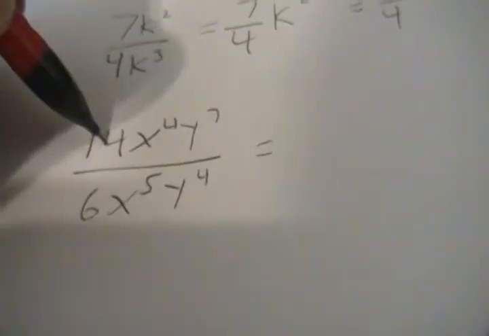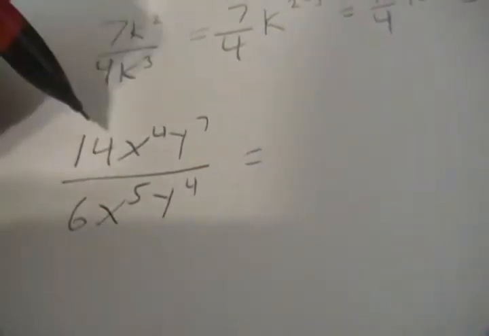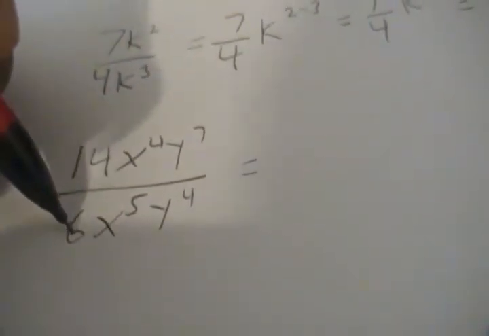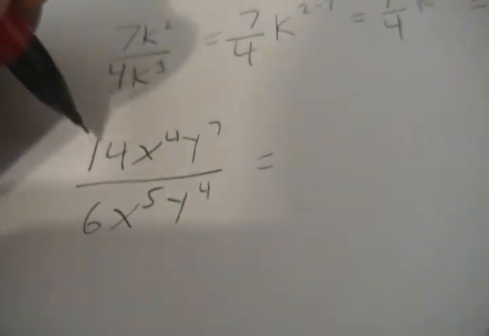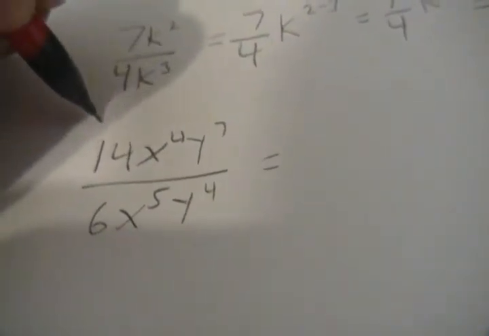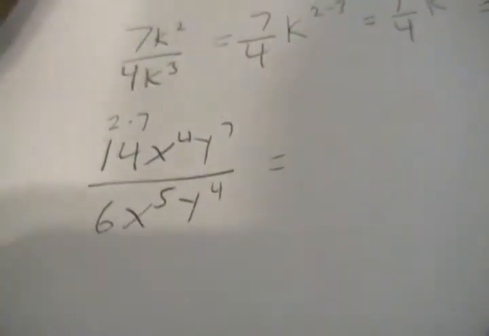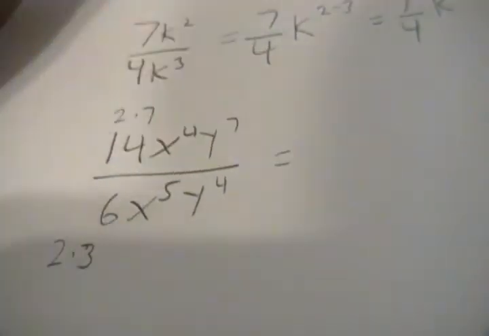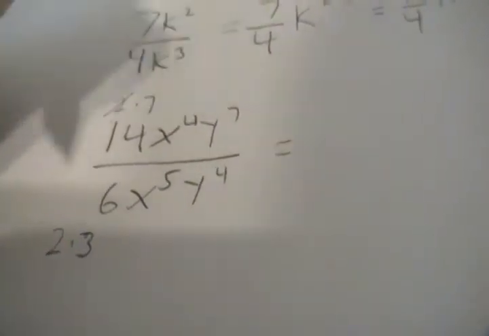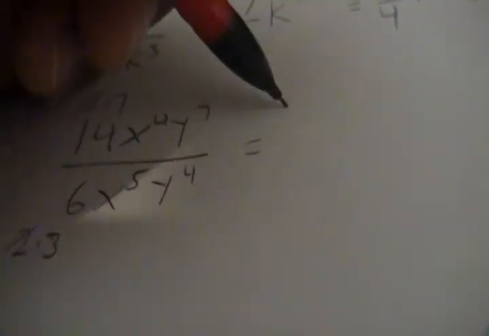Let's first start with the numbers. Let's see if any of the factors of 14 and 6 cancel out. The factors of 14 are 2 times 7. The factors of 6 are 2 times 3. Now the 2's cancel out, so we have 7 over 3.